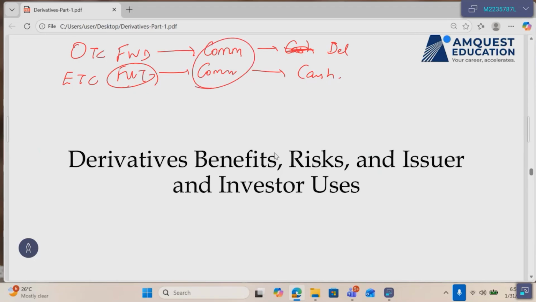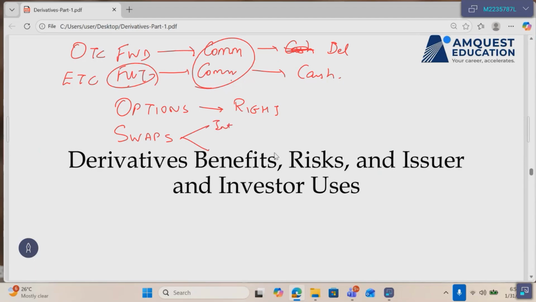How to avoid commitment? I'm giving you the world of options where you have a right and not a commitment, correct? And then we have swaps where you can swap one liability for the other. You can swap interest rate, you can swap shares, you can swap payments. These swaps can happen between parties. So there are four types of contracts.